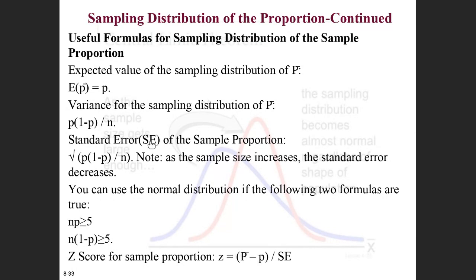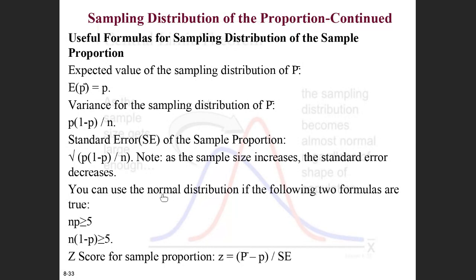The standard error of the sample proportion is the square root of, enclosed in brackets, p times 1 minus p divided by n. And remember, as the sample size increases, the standard error decreases, which is what you want. You don't want a large standard error.